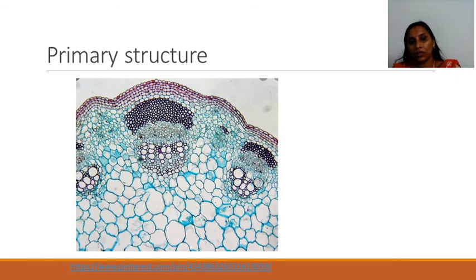If we try to assign these tissues into three different tissue systems, epidermis constitutes the dermal tissue system. Cortex, pericycle, pith and medullary rays represent the ground tissue system. Vascular bundles represent the fascicular tissue system, or vascular tissue system.